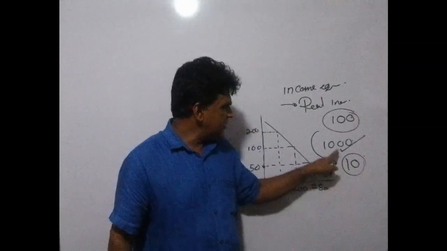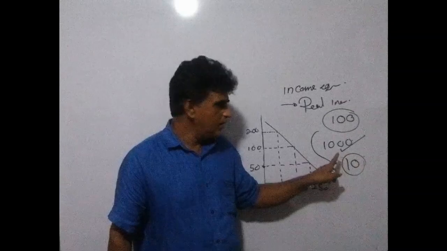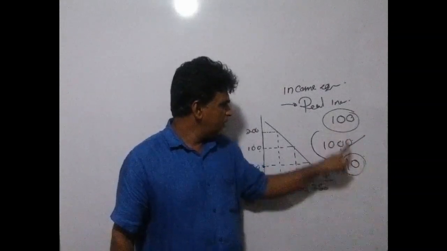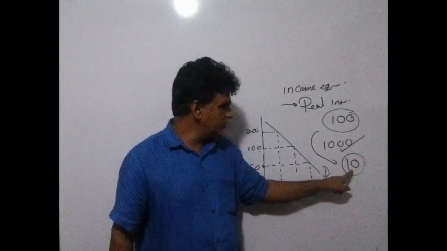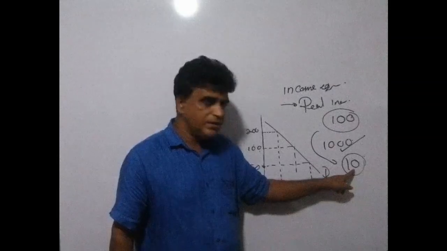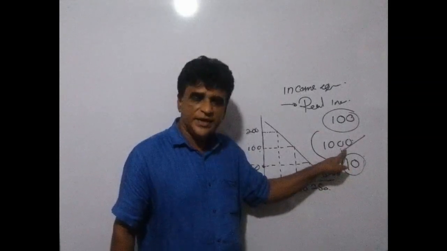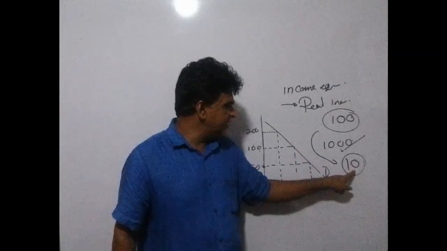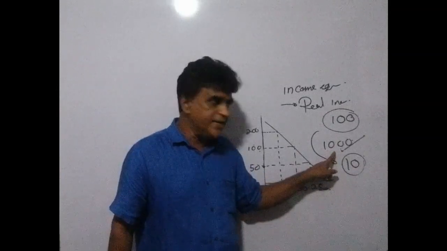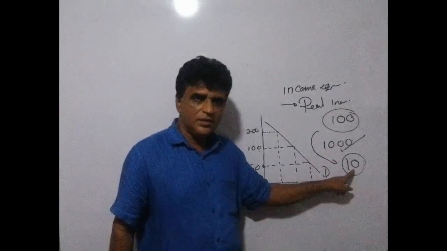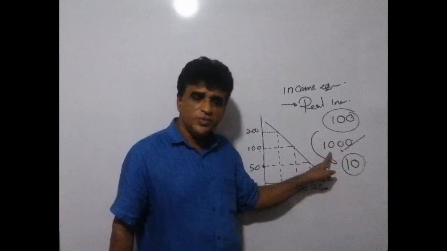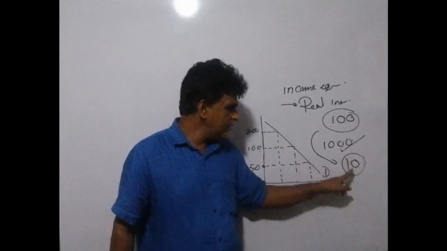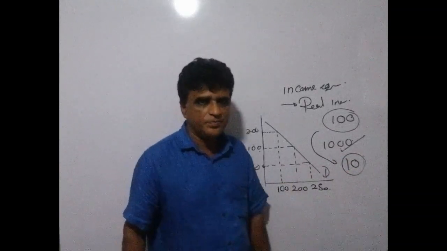Why? 1000 divided by 100. When the consumer is buying 10 units, he has to spend this entire money. Or we can say, in terms of butter, the consumer's real income is 10. The consumer can buy 10 units of butter.